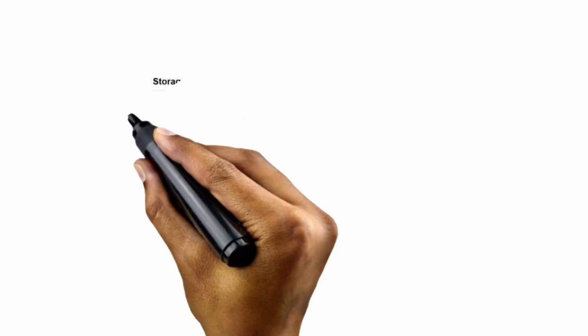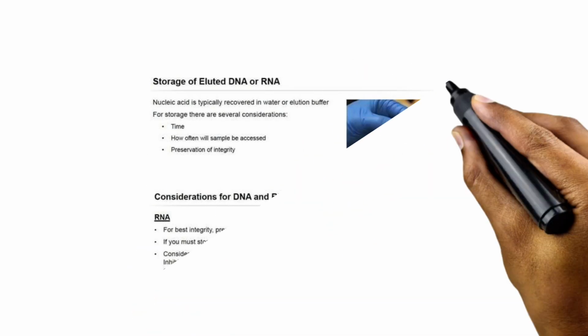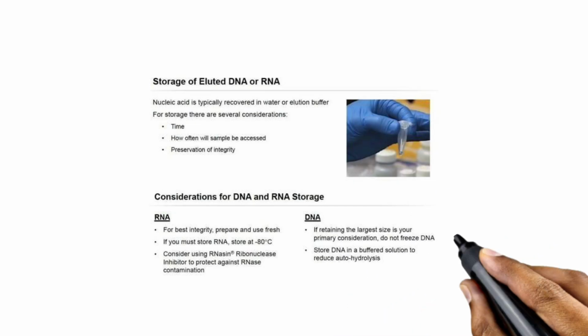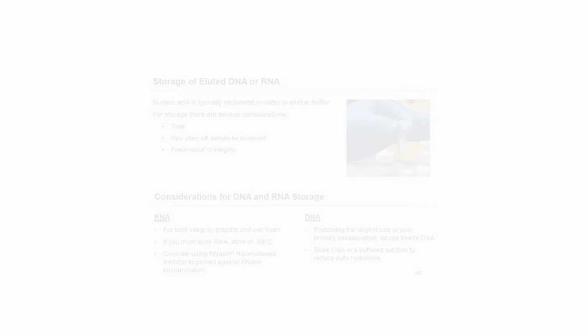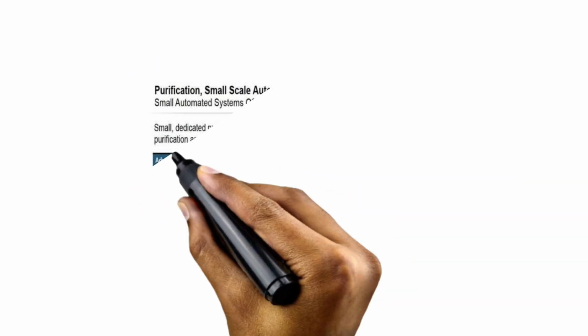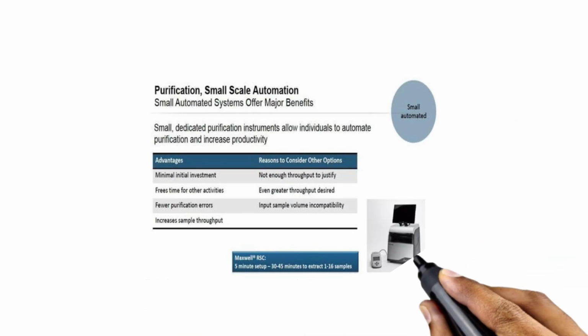Storage of eluted DNA or RNA can be done for preserving its integrity, basically stored at -20 and -80. Purification using a small scale automated system offers benefits, as you can see.